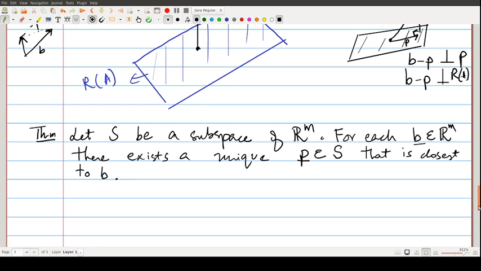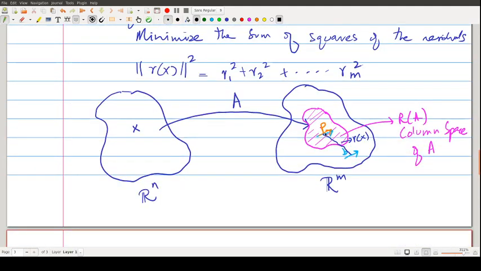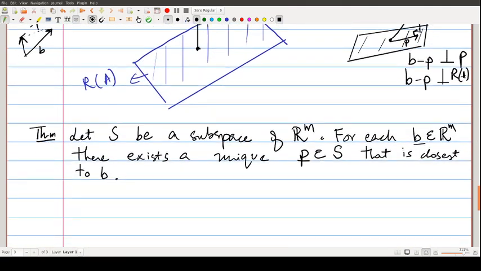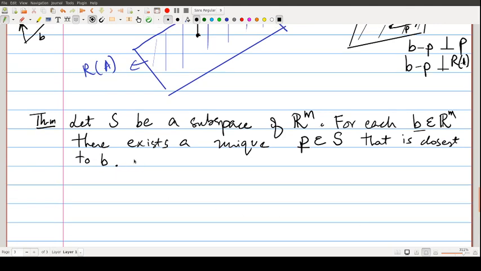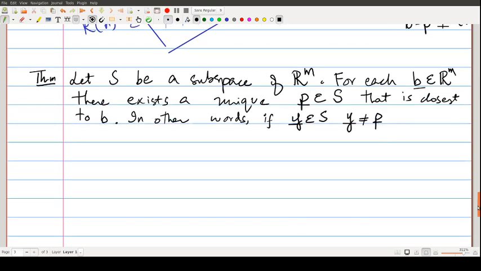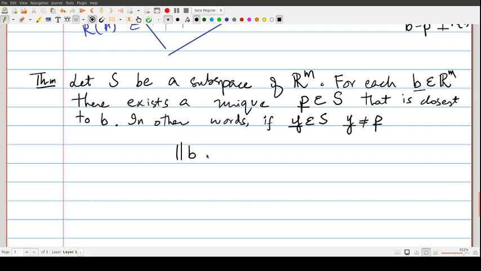So if you can't find B in the subspace, then you can find some vector P such that this vector is closest to B. In other words, if there is another vector y that belongs to S, that is, another vector in the subspace that is not the same as the vector P, then the distance of B from y, this is how you write distance, right?